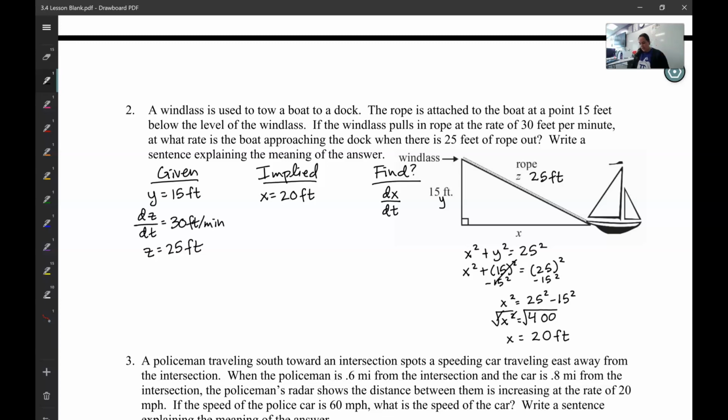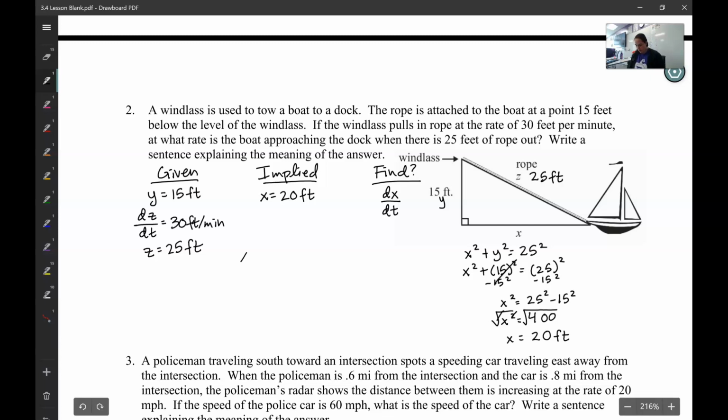Okay, now I need to figure out some sort of equation that's going to use all this information I've listed. Now I'll tell you right now, if it's a right triangle, you can pretty much guarantee you're using Pythagorean's theorem.